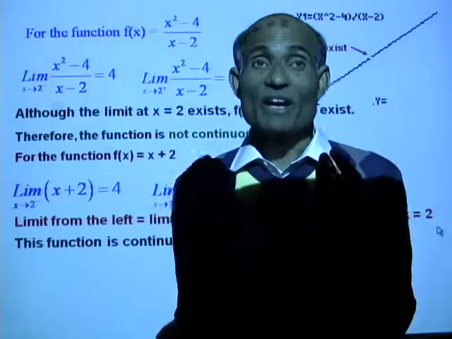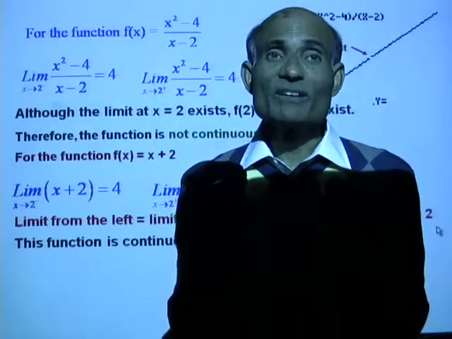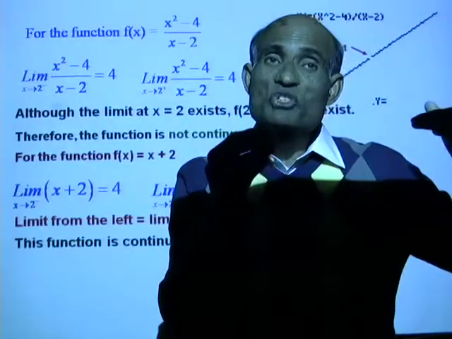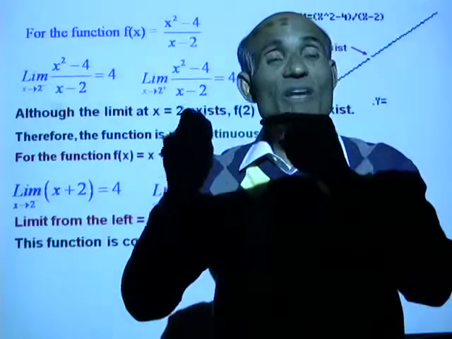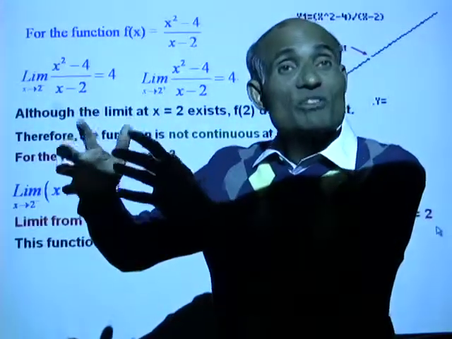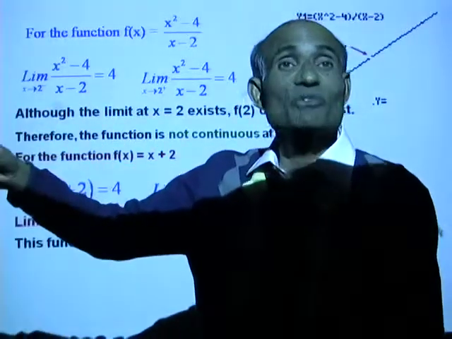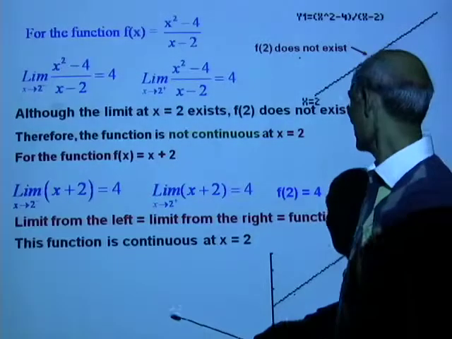In order that a function may be continuous at x equal to c, the limit x approaches c from the left must be equal to the limit x approaches c from the right, must be equal to the function value at x equal to c. Then we can say the function is continuous.